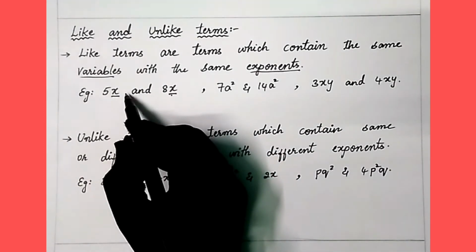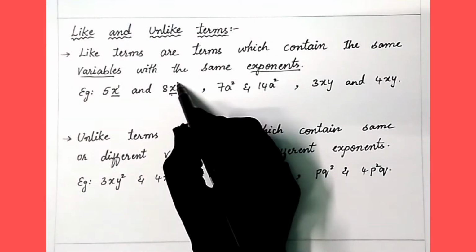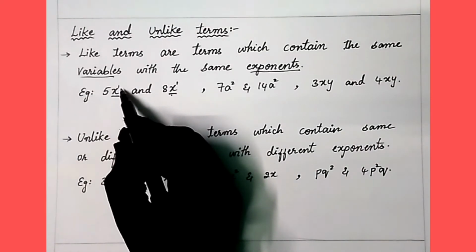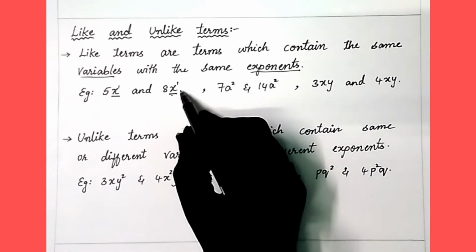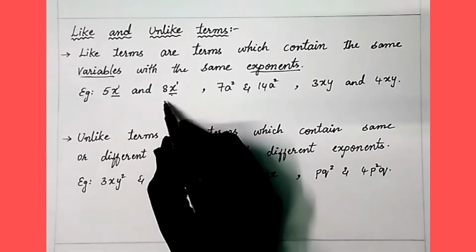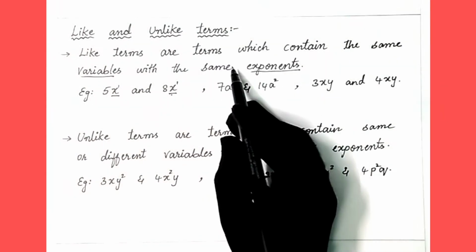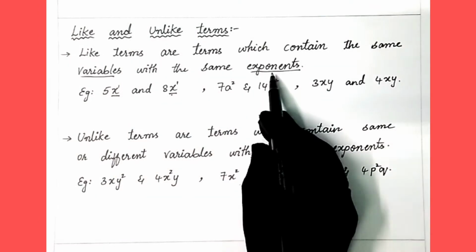And what is the exponent here? x is here 1, and here also 1. If nothing is there over the x, that means it has 1. Here also it is 1. So that means these two terms are like terms. As the definition says, like terms are terms which contain the same variables and the same exponents.